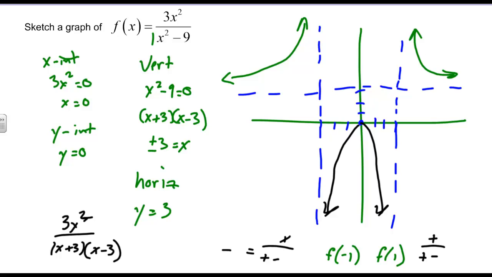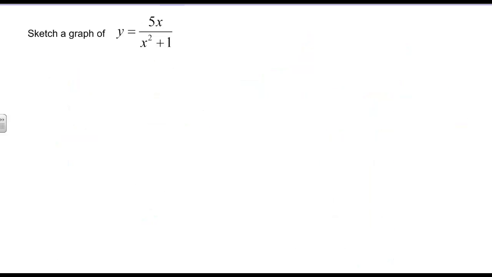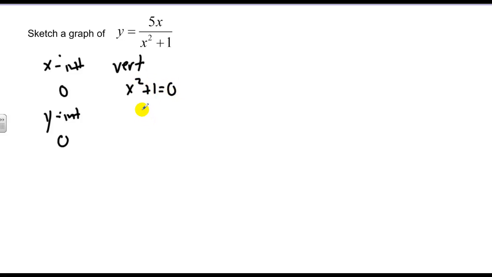Let's do another one. Here's a case where x-intercept is equal to 0, y-intercept equals 0, vertical, set x squared plus 1 equal to 0. Now we got a problem because x squared is equal to negative 1 is never going to happen.